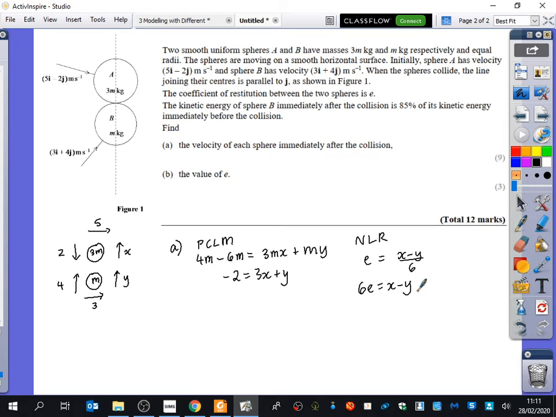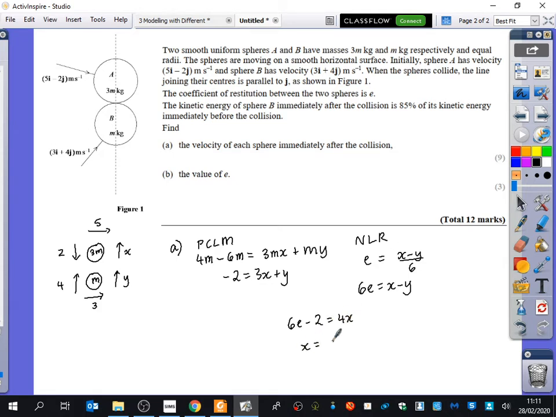And then we might actually need to use the other bit of the question as well, this 85%, but we'll come to that in just a second. So using these simultaneously, what's going to be the easiest thing to do? Make one the subject. Yeah, we could just add them together. That's going to be even quicker. So we get 6e minus 2 equals 4x.